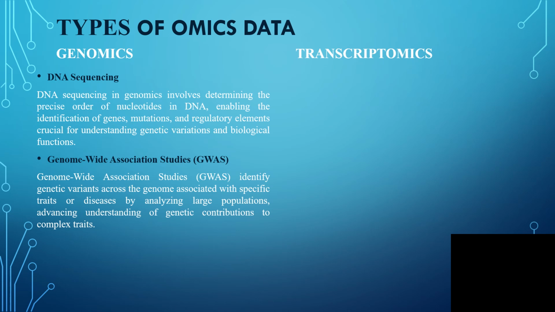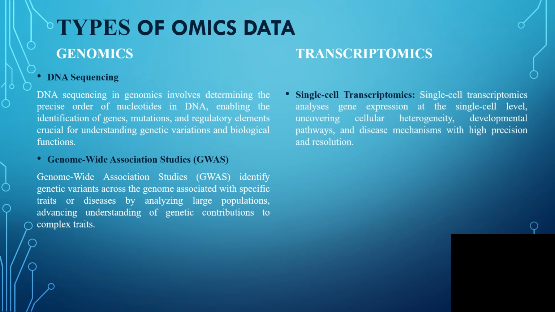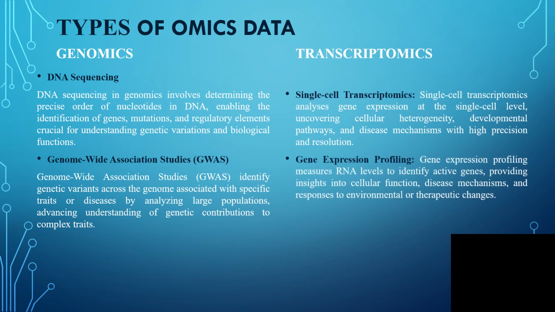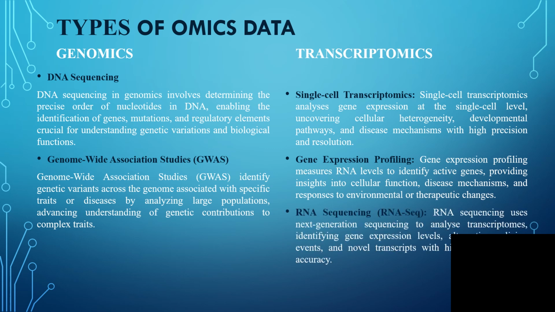Now on to transcriptomics. It has three types: single-cell transcriptomics, gene expression profiling, and RNA sequencing. Single-cell transcriptomics lets us study gene expression at the cellular level. For instance, it has been used to study cancer heterogeneity, revealing why some cancer cells respond to treatment while others resist. Gene expression profiling identifies which genes are active in different conditions.